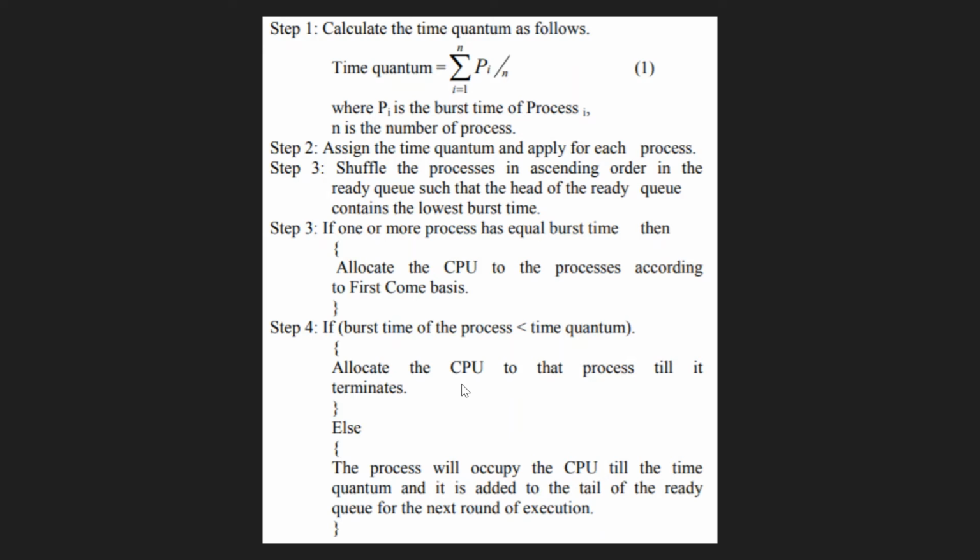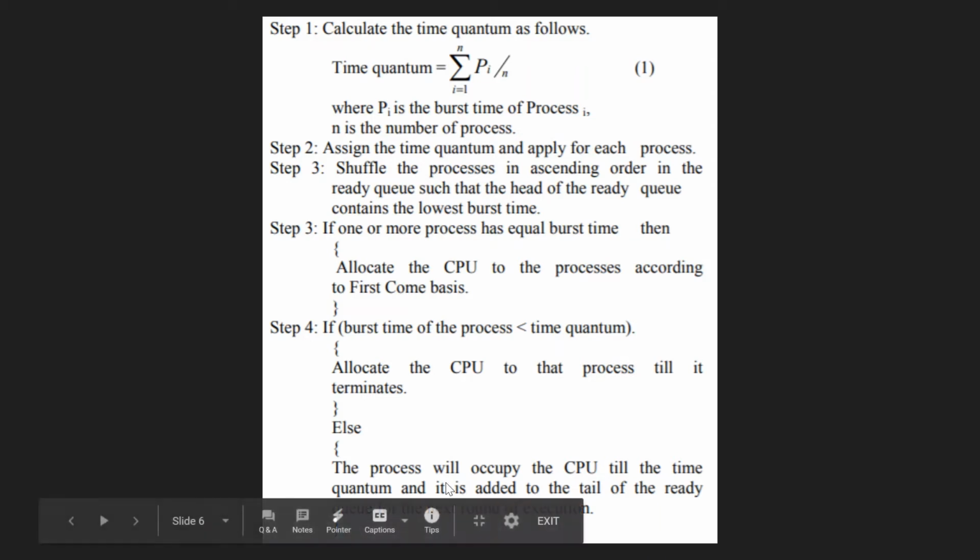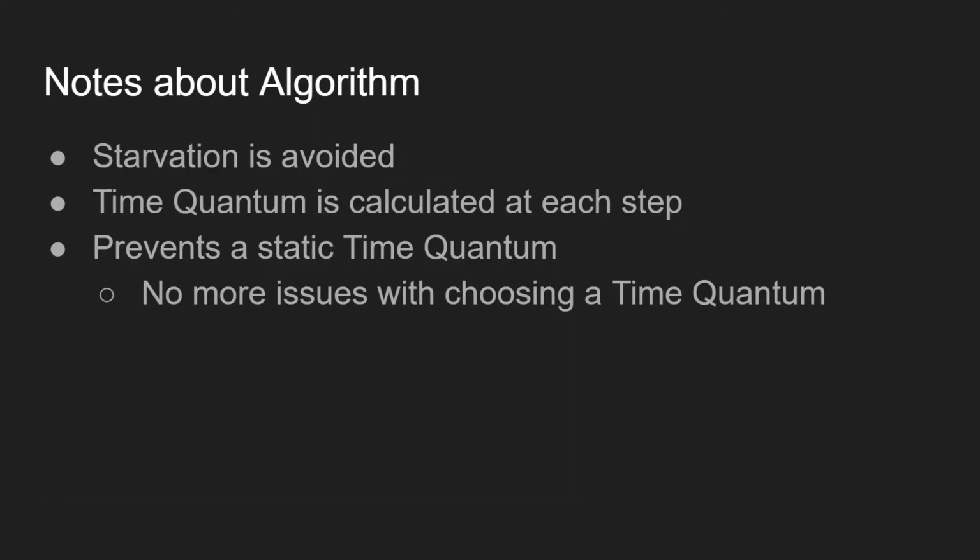After that, it's taken off the ready queue, of course. Else, the process will run on the CPU until it reaches the time quantum. Then it's added to the tail of the ready queue. Just some notes about this algorithm. We can easily see that starvation is avoided. The time quantum is calculated at each step, which is, I think, a must when we're working with round-robin implementations.